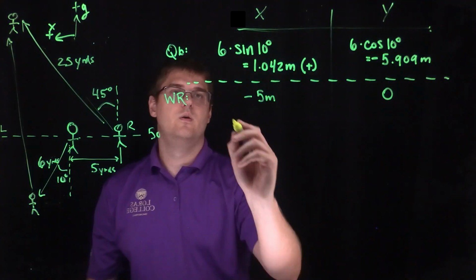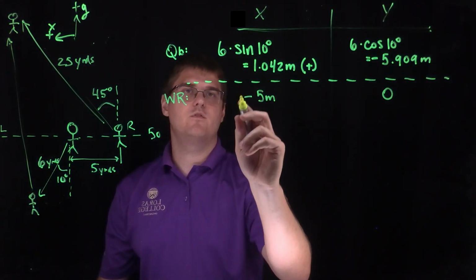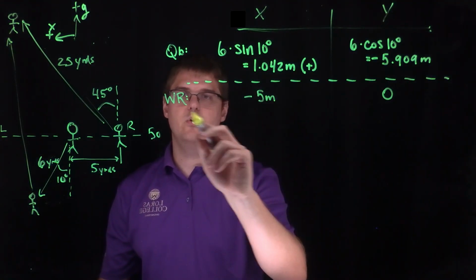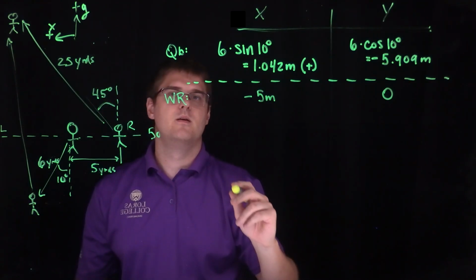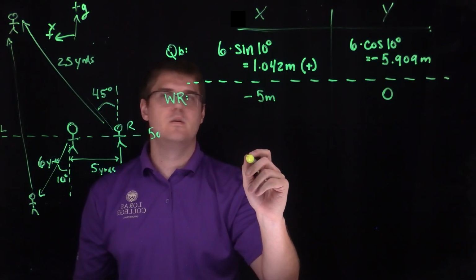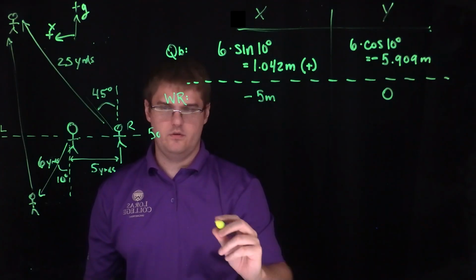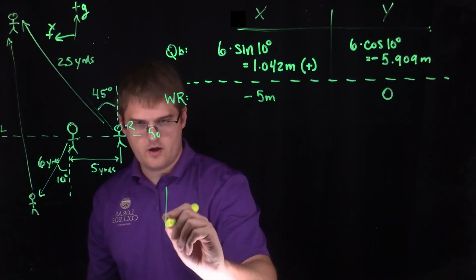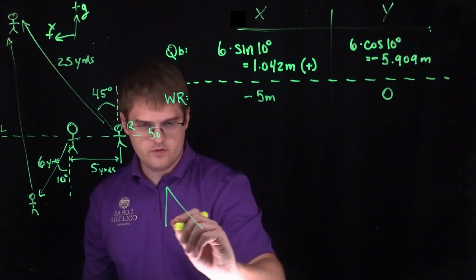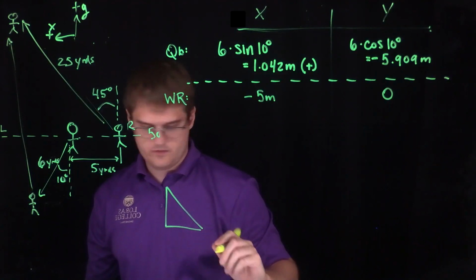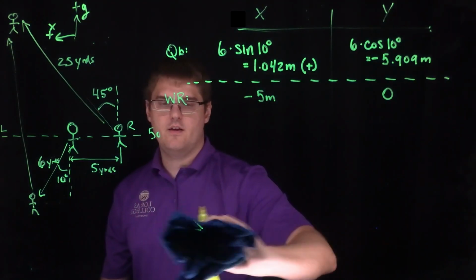And then last thing we have to do is we have to get his run in. So I will go ahead and draw that triangle out, except that's not the triangle that I have drawn.